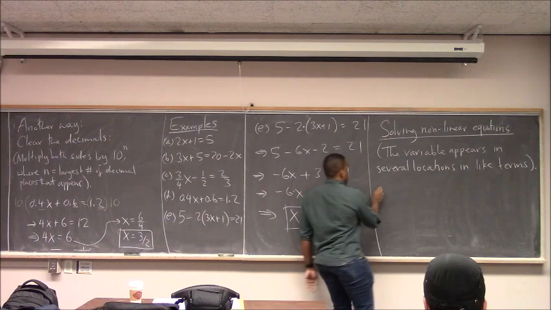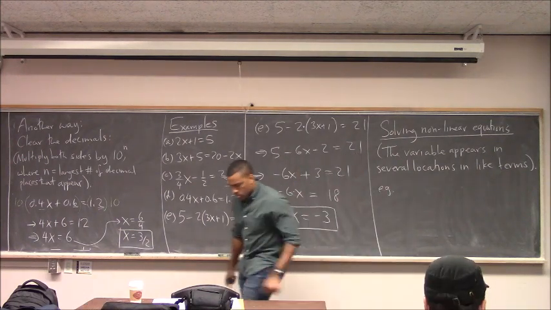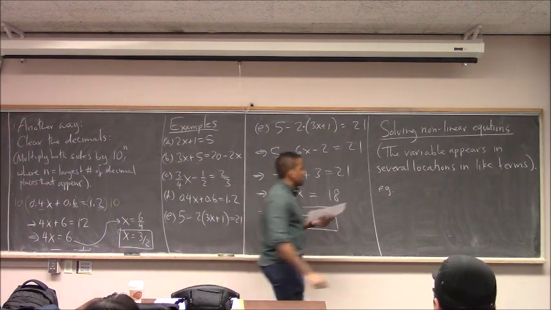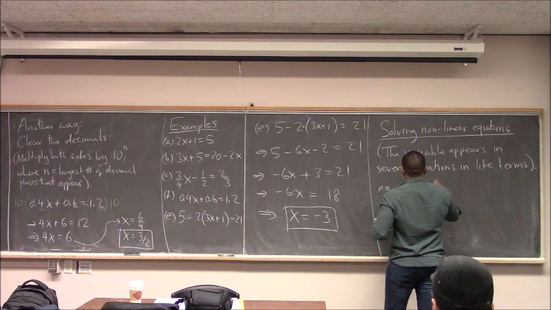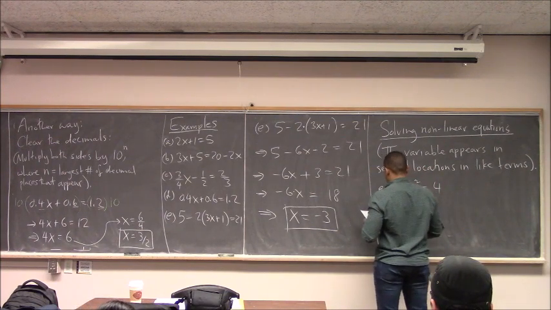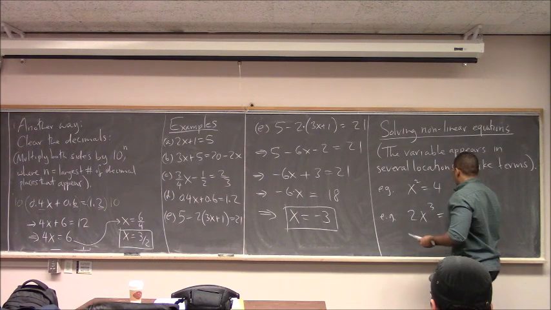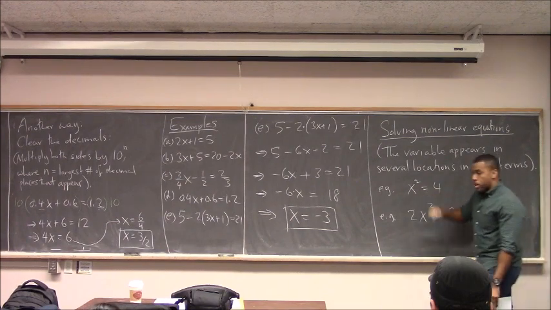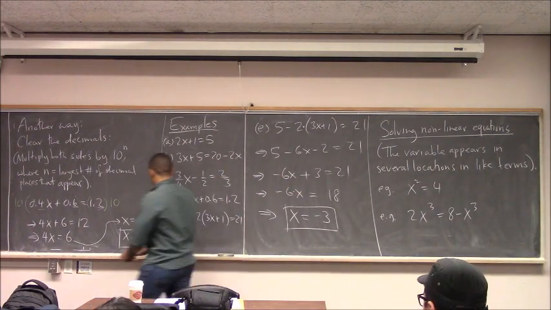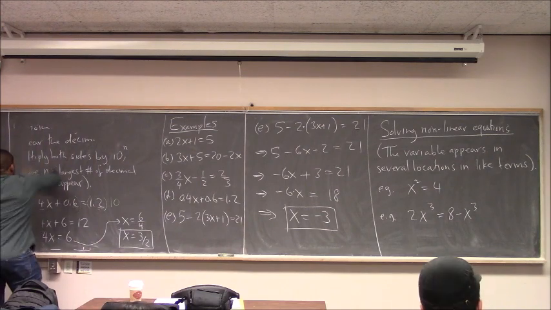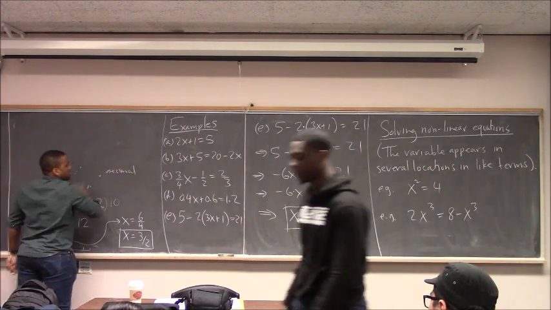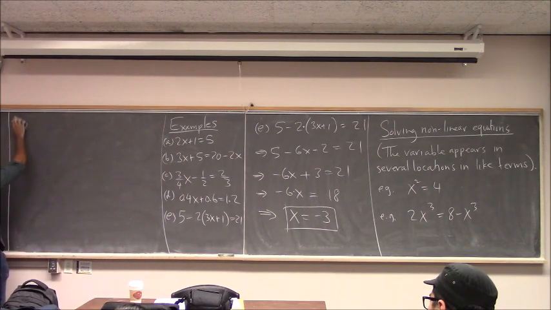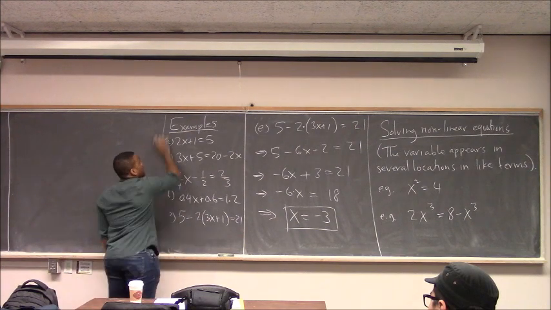So, for example, x squared equals 4. Another example, 2x cubed equals 8 minus x cubed. So these are not linear because the x is raised to a power. It does not fit the form of a linear equation. But the variable is in like terms everywhere it appears. There's only one kind of operation working on the variable.